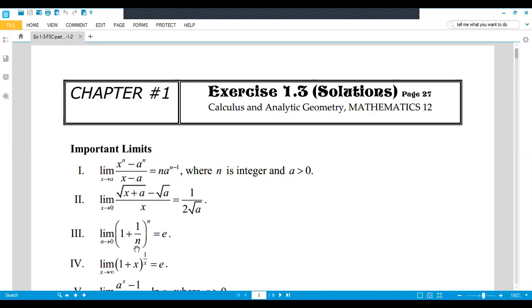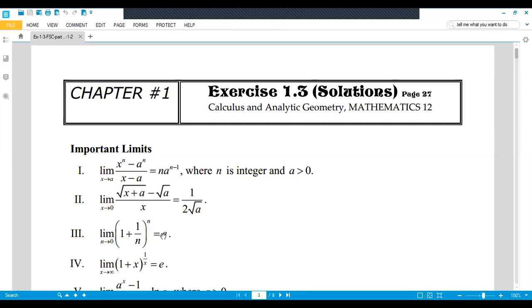Next is limit n approaches infinity, 1 plus 1 over n, power n, is equal to e. This is also a very important limit, and the proof of this limit is given on the top of page number 23.